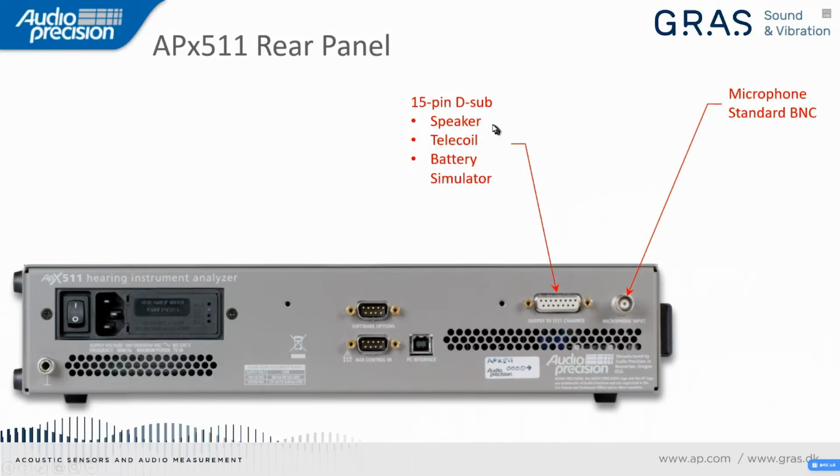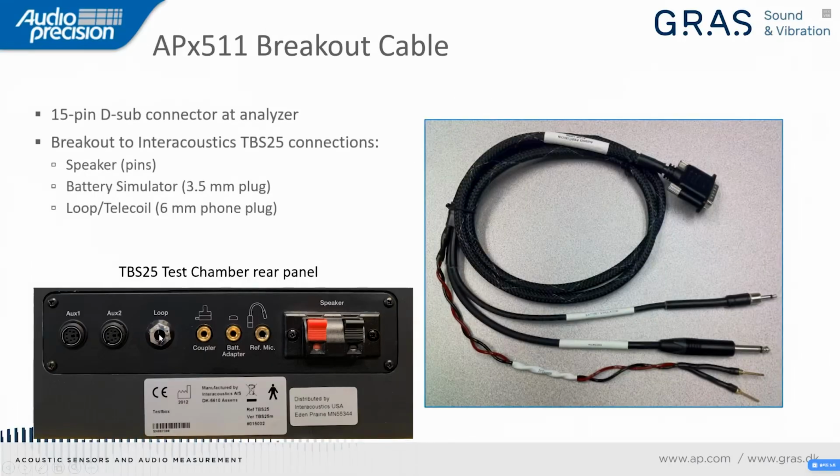We provide this breakout cable for the 511 that works with the TBS-25. So this shows the rear patch panel I spoke of for the TBS-25 sound test chamber. And we have a 3.5 millimeter jack for the battery adapter, a 6 millimeter jack for the telecoil loop, and there are also some jacks for the reference microphone, and then a series of pin jacks for the loudspeaker.